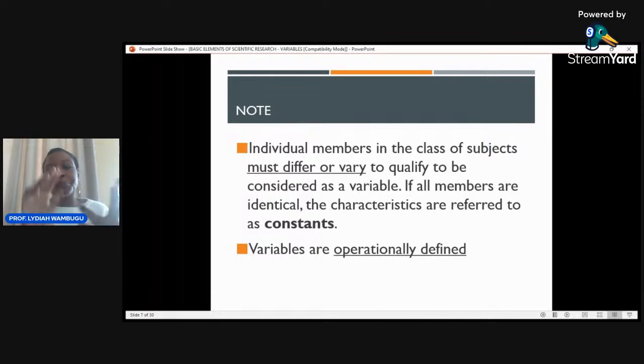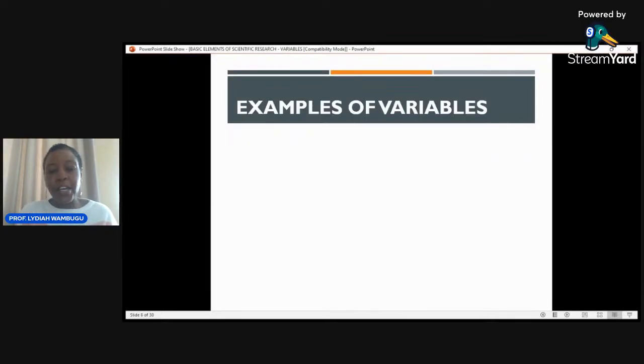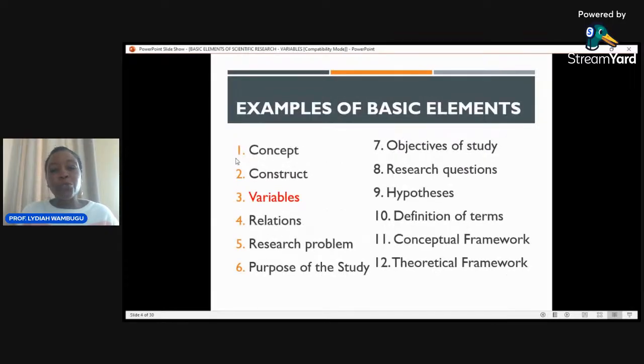The other one is that variables are measurable. They are measurable. And that is what researchers use to measure or to solve the research problem. The other thing is variables are operationally defined. If you allow me to go back to the examples, we have here number 10 as definition of terms.